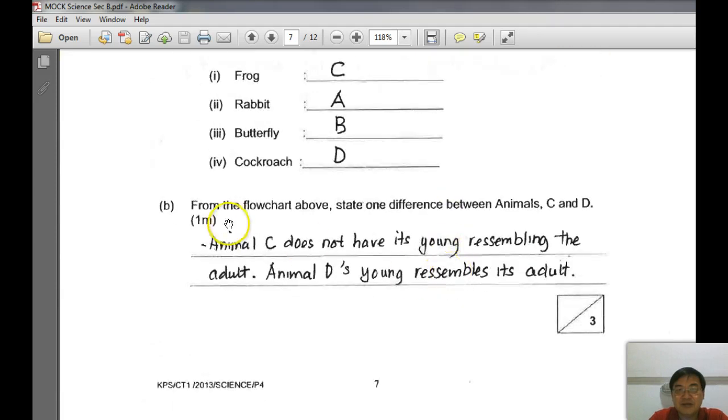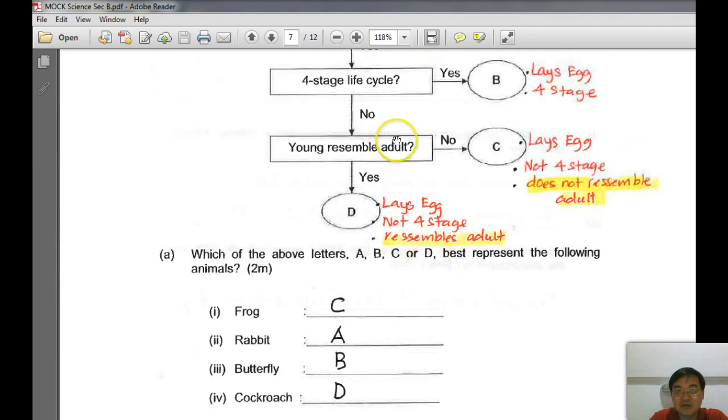Next, from the flow chart above, state one difference between animals C and D. Now for here you have to watch out, do not state any other difference when you see this frog and cockroach. You must refer to the flow chart over here. Difference between C and D. Let's take a look.